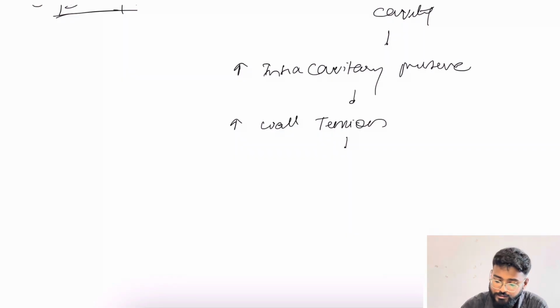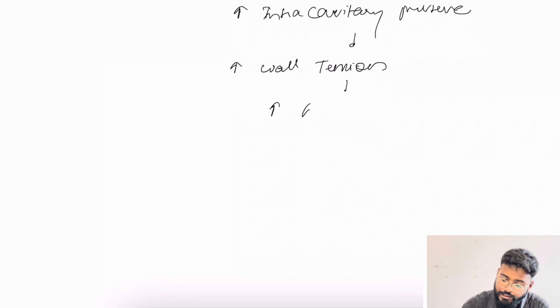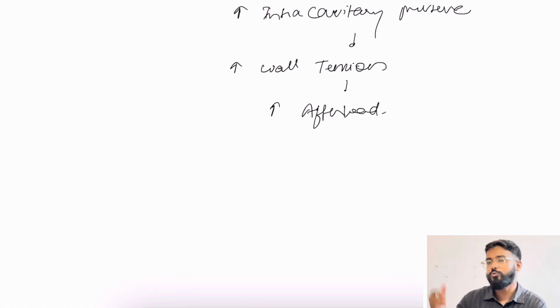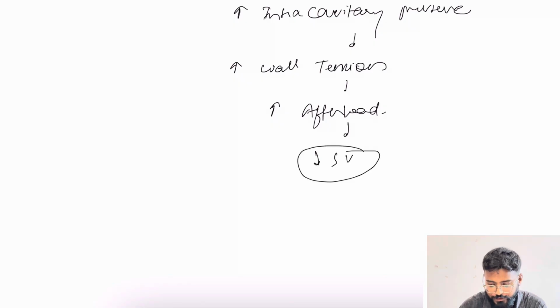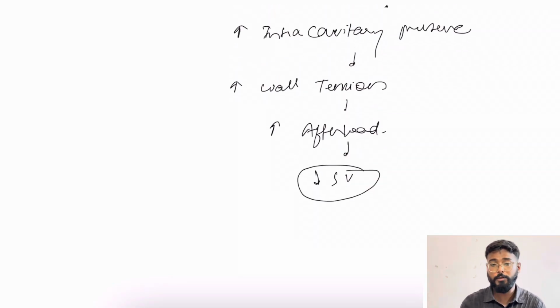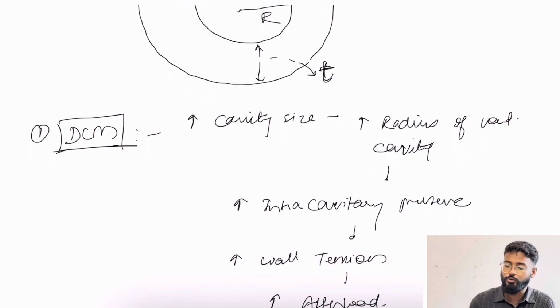So increased wall tension means increased afterload. If your afterload is more, can you say your stroke volume is going to get decreased, right? So in case of dilated cardiomyopathy, your stroke volume is going to get decreased.